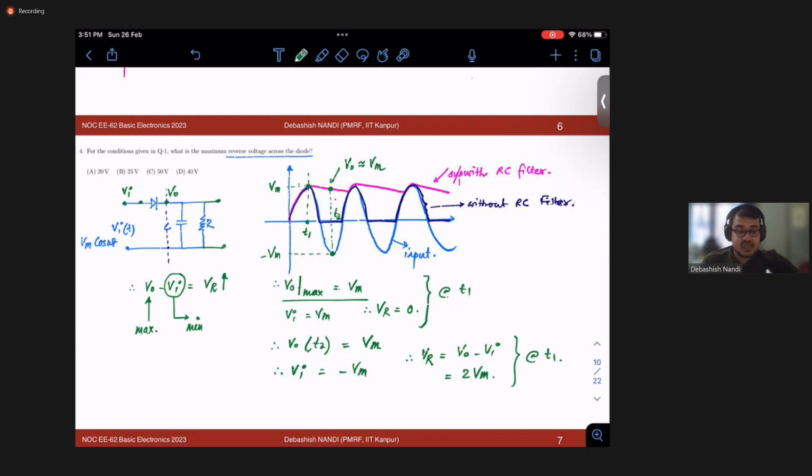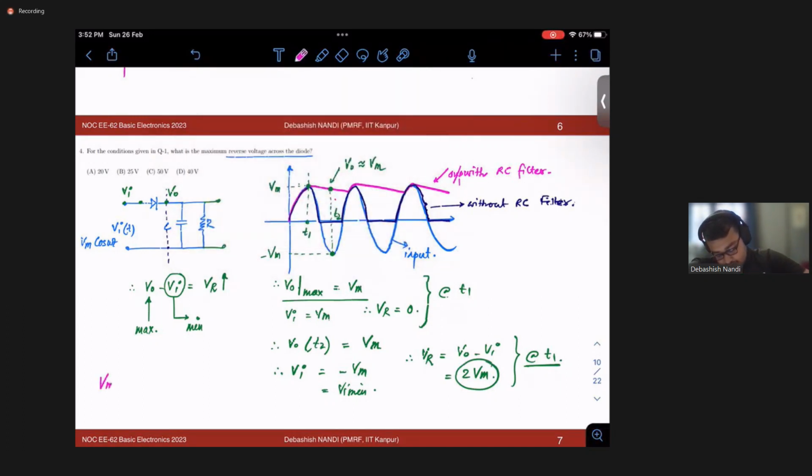So can you see that this is my Vi minimum. So Vr maximum cannot be more than this value, because at this instant my V out is maximum and my V input is minimum, right? So this 2Vm is your maximum attainable reverse bias voltage across the diode. So what was my Vm?